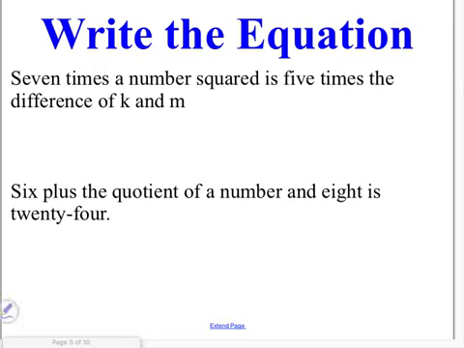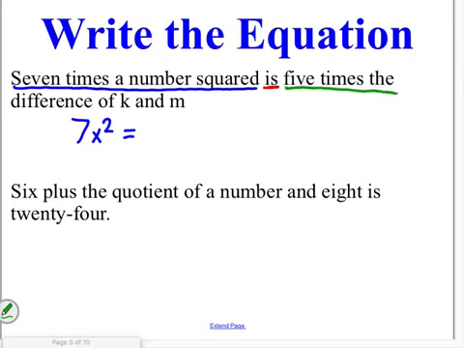So we're going to start off. We got 7 times a number squared. So 7 times, I'm going to say my number is x, and I'm going to square it. Then I have my word "is." That's my equal sign. And the last part is 5 times the difference of k and m.